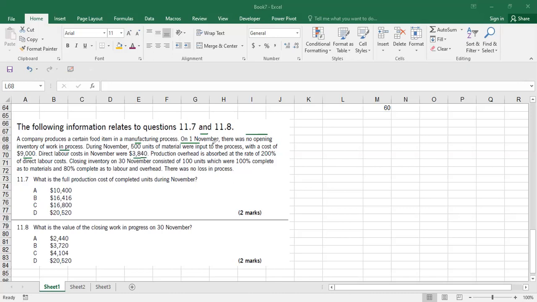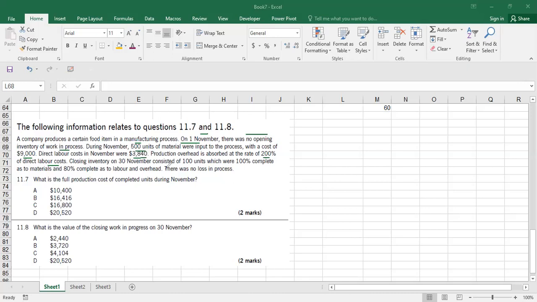So this is 500 units you started, your cost of material was 9,000 and cost of labor was 3840. Production overhead is absorbed at the rate of 200% of the direct labor cost. So if 3840 is labor cost, then overhead will be double of this. Overhead will be 7,680, 2 times of this.